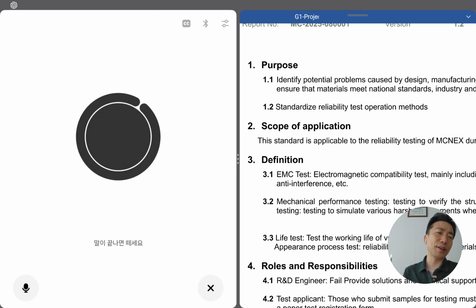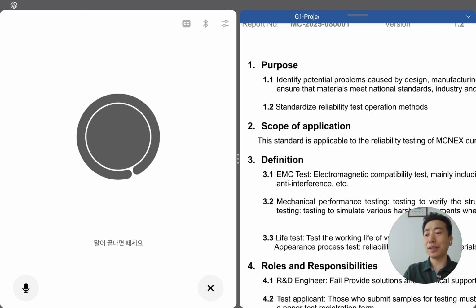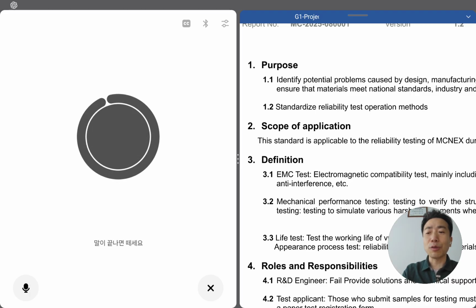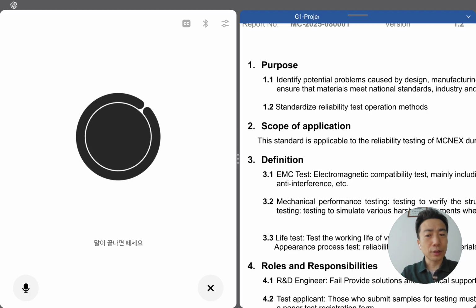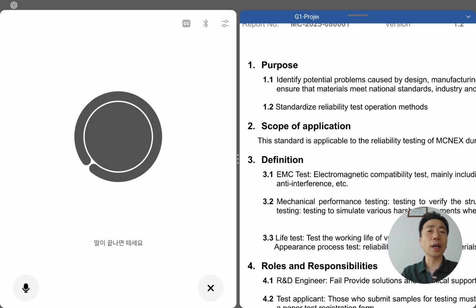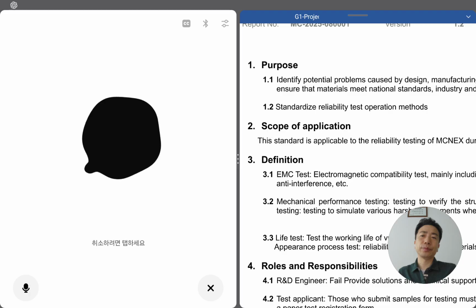I already read this reliability test spec, and I know the specification. However, I just want to hear it from you to improve my listening skills. How can you explain the purpose of this document?